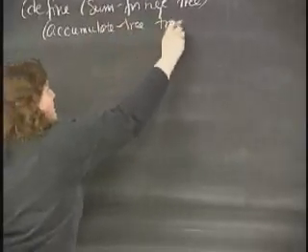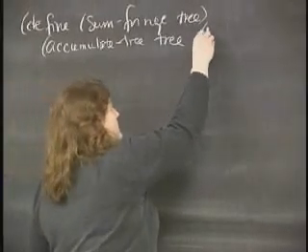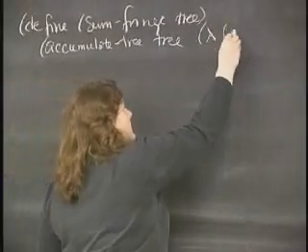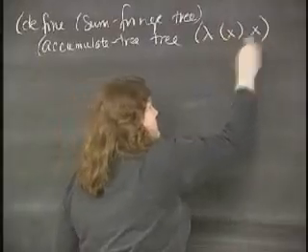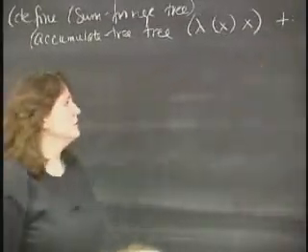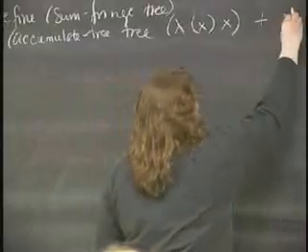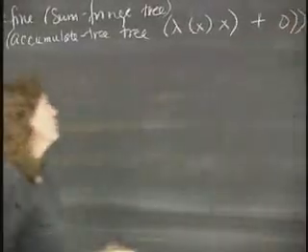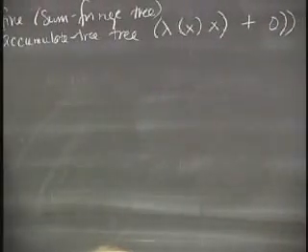On the tree, the term is what? Identity, which we write as, okay, there's our term procedure. What's going to be our combiner? Plus. And our null value? Good.